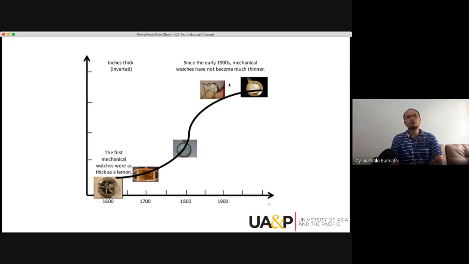If you look at it from our perspective in information technology, how much smaller can you make your storage, right? Back in the old days, you probably had floppy disks that were sizable. The dimensions would be 5.25 inches, no?